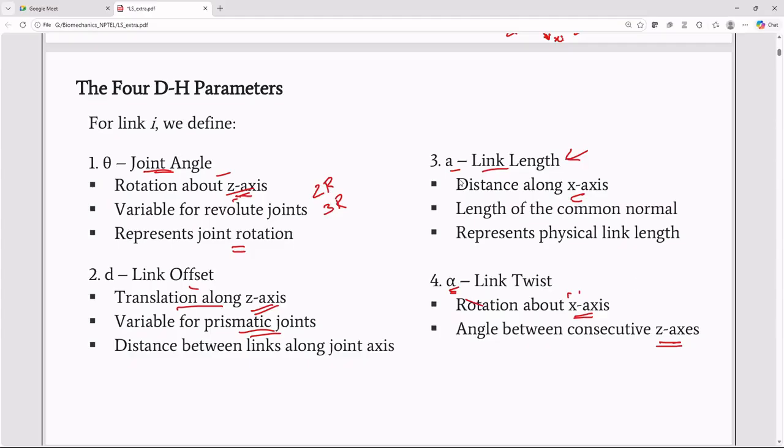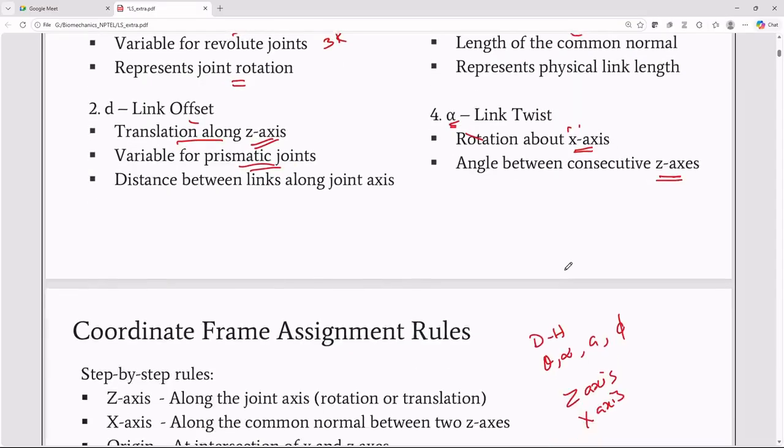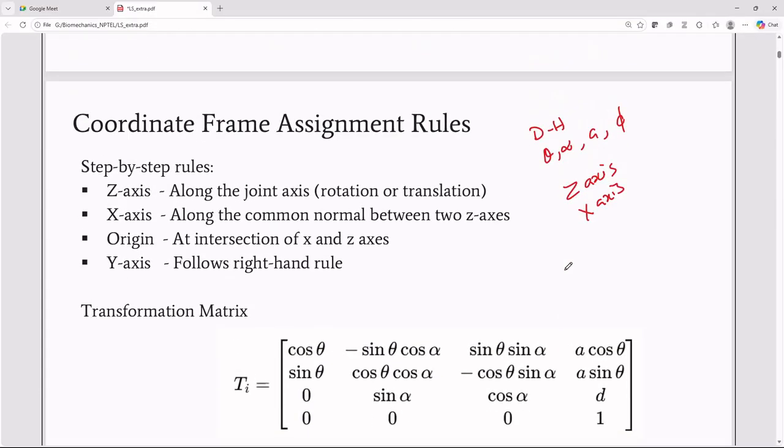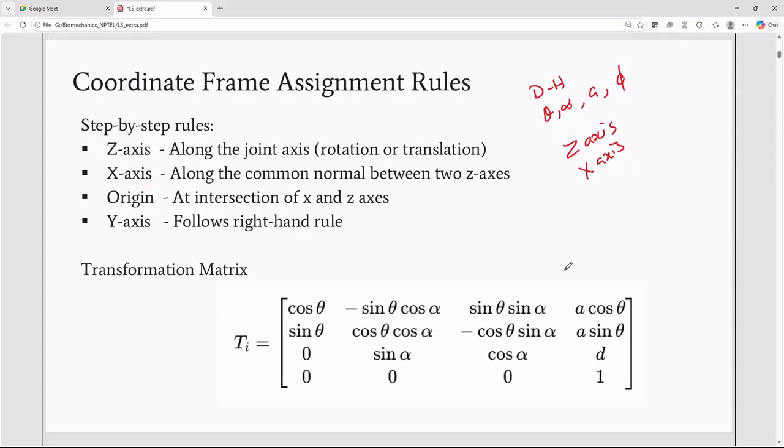And next, how will we fix the x and z axes? That is the frame assignment rule. The z axis will always be fixed along the joint axis. A joint has an axis.